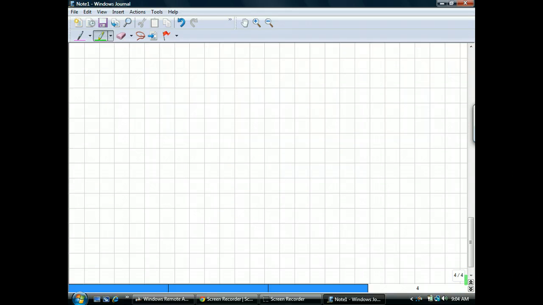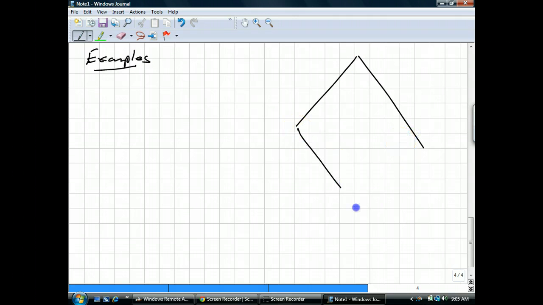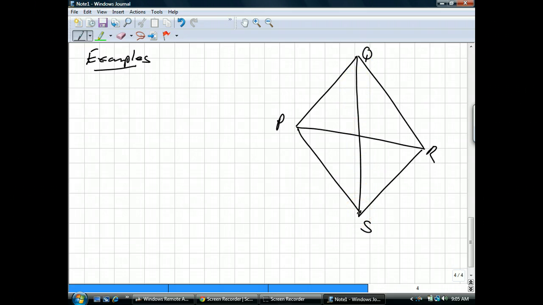So let's look at a couple of examples. Okay, so I have parallelogram PQRS with diagonal PR and diagonal QS that intersect at point X, and this is angle 1, 2, and angle 3.